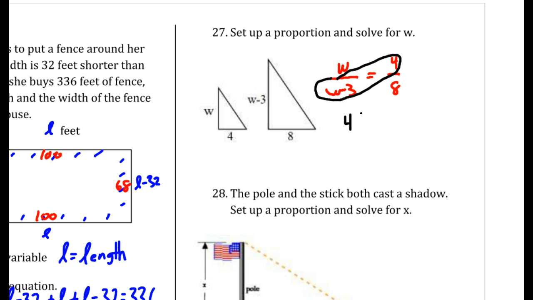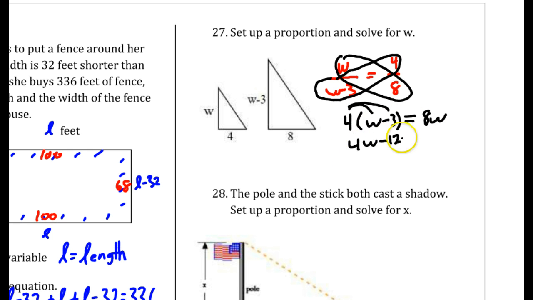So we have 4 times w minus 3 equals 8w. There you go, distribute. And let's subtract 4w on both sides.